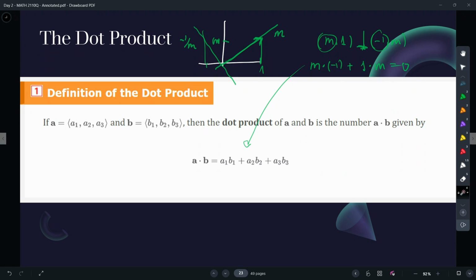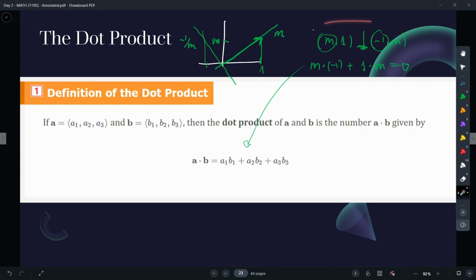So in any case, what is the dot product? If I have two vectors, a and b, the dot product is going to be a number. It's a number, it's not another vector. That will be the cross product. The dot product is just a number, and it is denoted by a little dot, from the name dot product. A dot b is going to be the sum of the products of the coordinates.